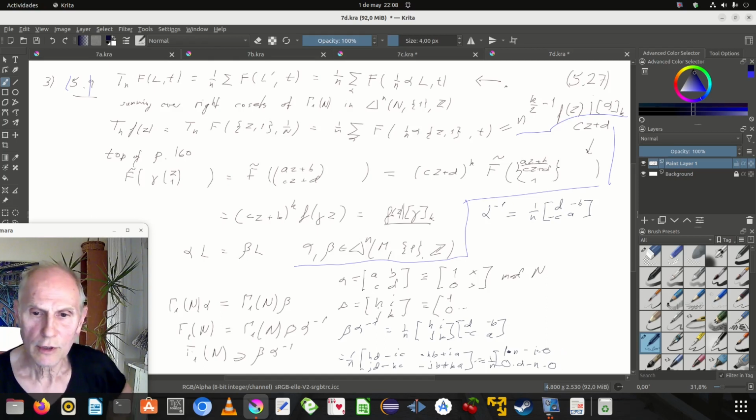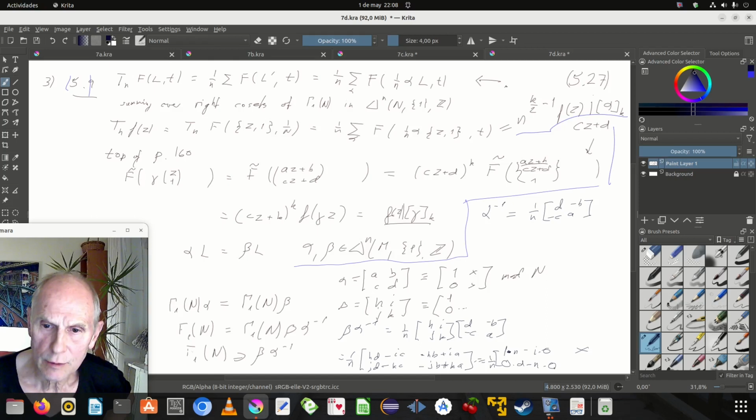Oh, we have to show that this lies in gamma 1, so we need to show that this one is irrelevant. Minus j, that's naught, times b, plus k, that's n, times a, which is 1.